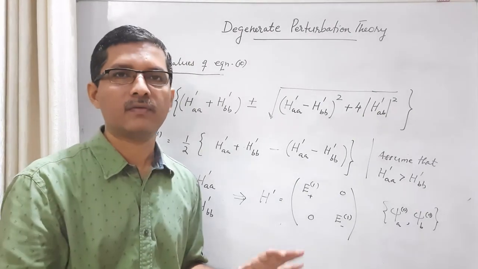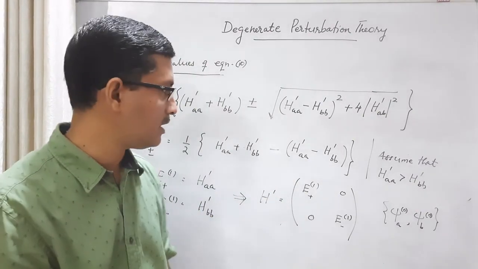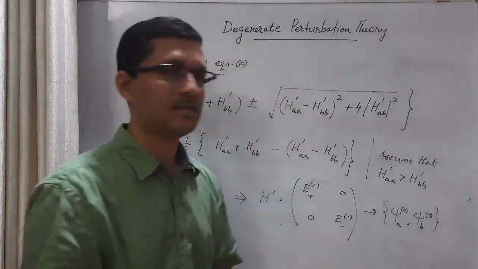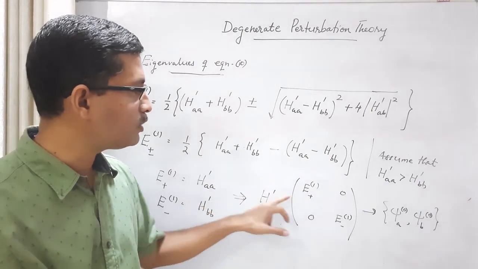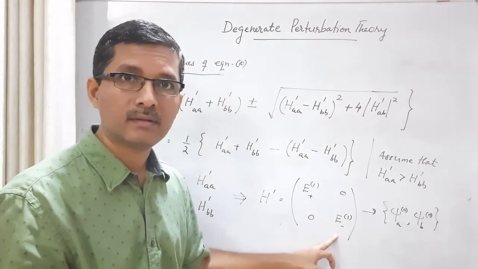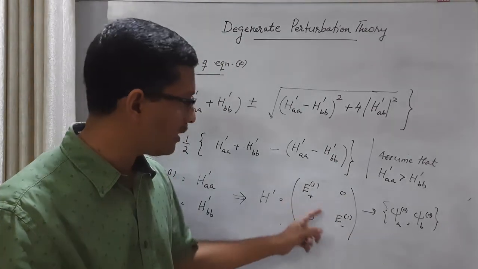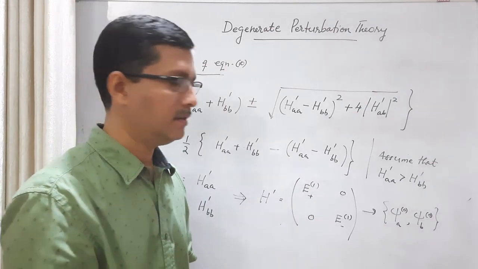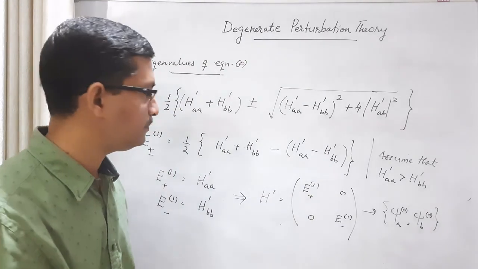This is what I have stated earlier. If we have a set of good eigenstates, in this case psi a0 and psi b0, then the perturbing Hamiltonian will be diagonal in the good eigenstates, and the diagonal elements are nothing but the first order correction in energy. We will see this case when we work out a particular example.